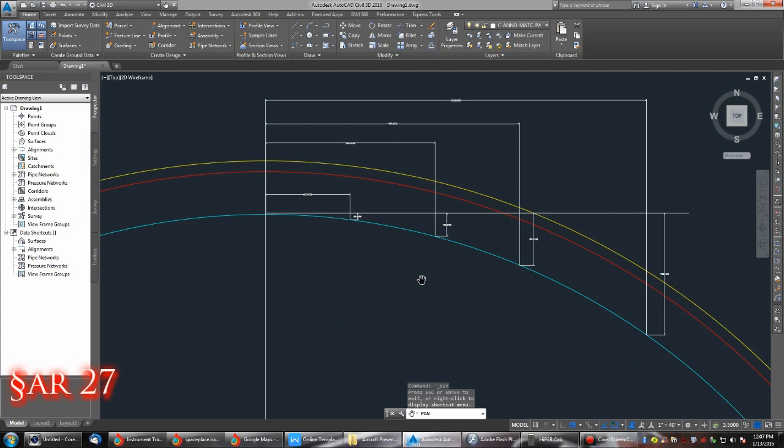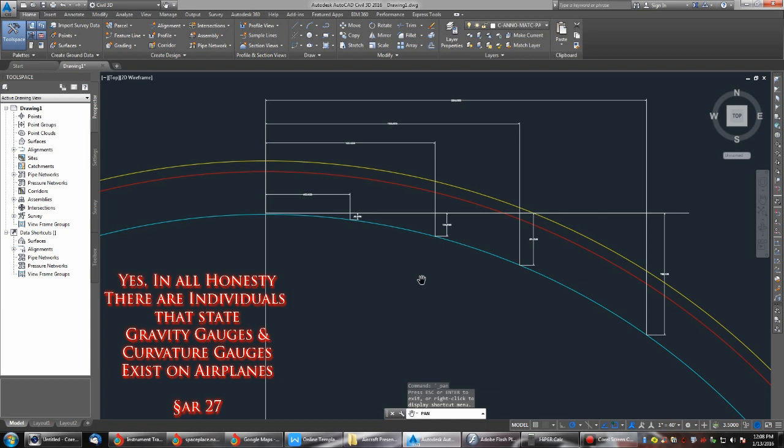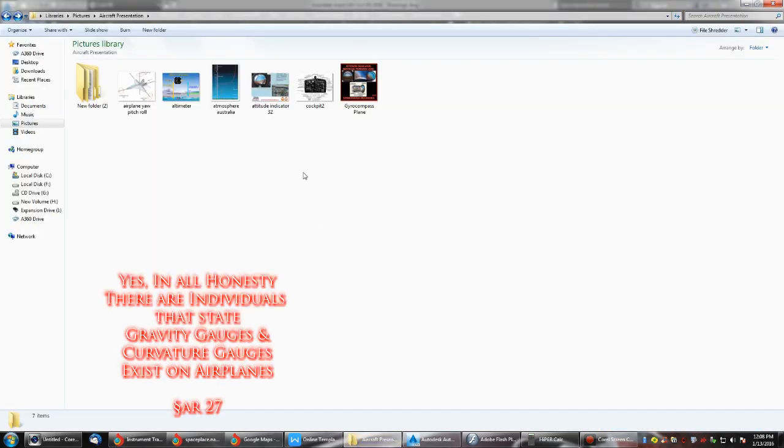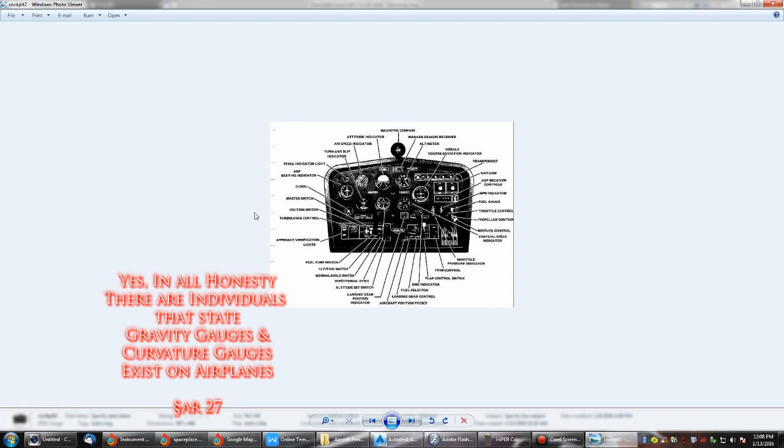Now, what happens is these arguments that are presented, I mean, they give us some crazy ideas, and they give us some crazy false data that gravity has a big play with this, and really they say things like that there's a gravity gauge on the airplane cockpit, that there's also a curvature gauge on a airplane cockpit.